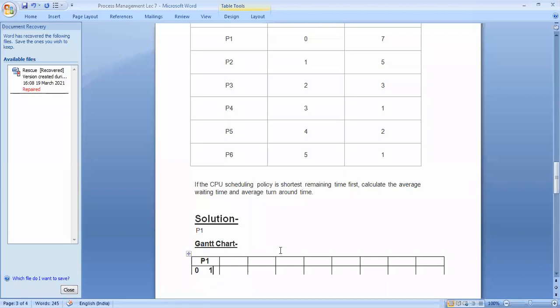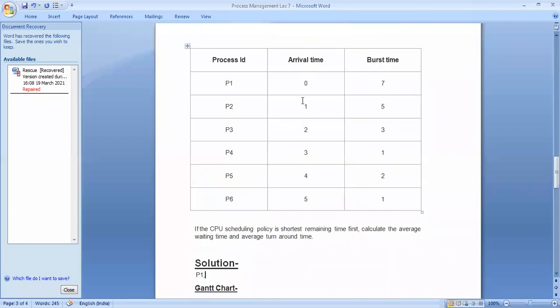After 1 millisecond, within the ready queue, 2 processes are there. Another process, which one? P4 or P2? After 1 millisecond, when arrival time is 1, the P2 process is there.